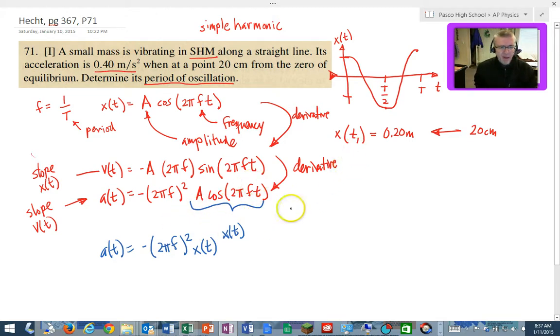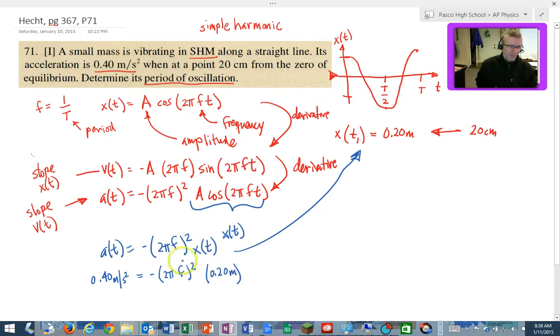So when x of t, let's say, equals 0.2 meters, let's just say our acceleration, 0.40 meters per second squared, equals minus 2 pi f squared times x of t, which is 0.20 meters.